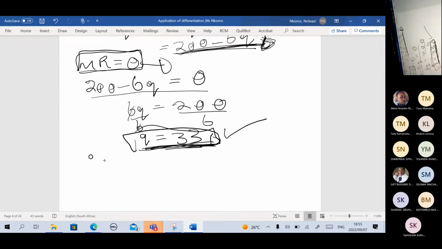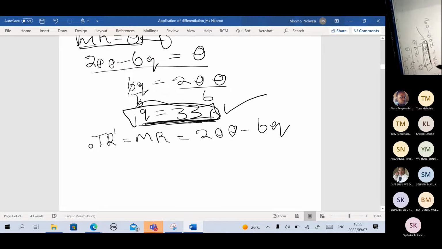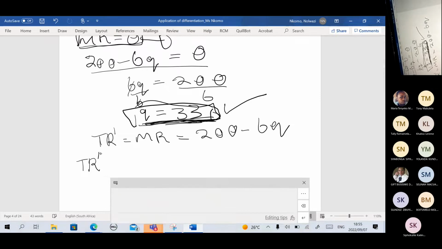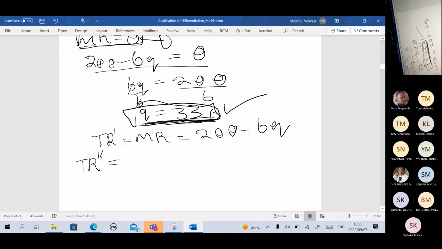Okay, let's try and find the second derivative. We said the first derivative is equal to 200 minus 6q. To get the second derivative, we need to differentiate the first derivative, right? So the second derivative of the total revenue is the derivative of the marginal revenue.